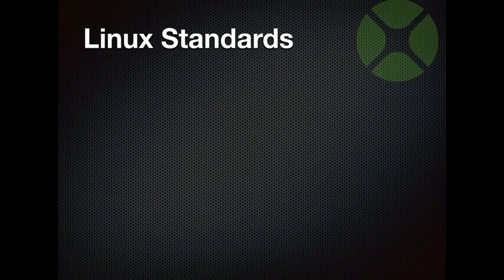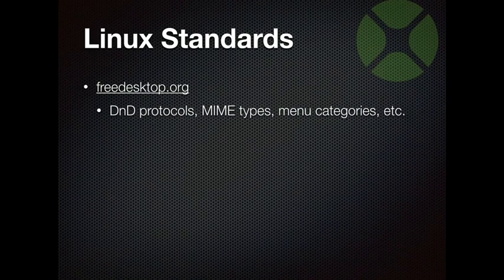So with all these different distros, how do they come up with some kind of standard? Well, you can take a look at this website called freedesktop.org. It provides a list of protocols, MIME types, different things that each distro should support.